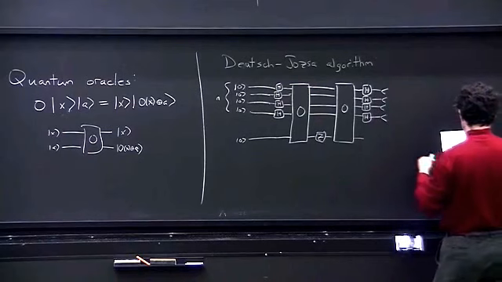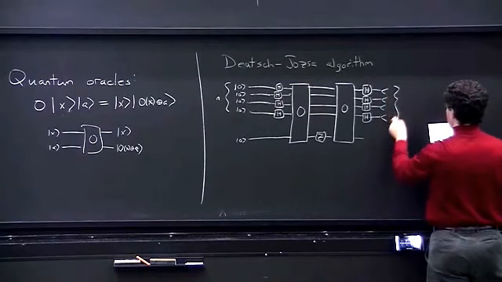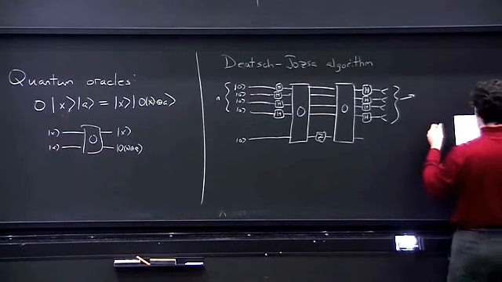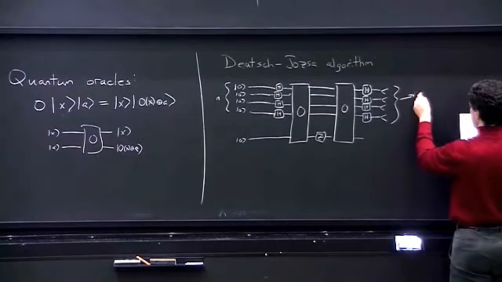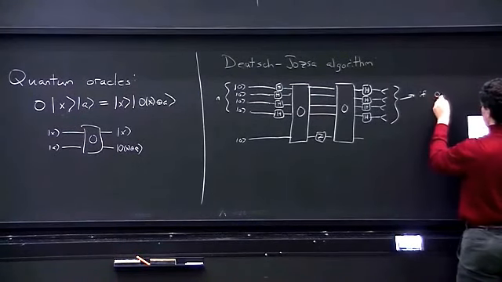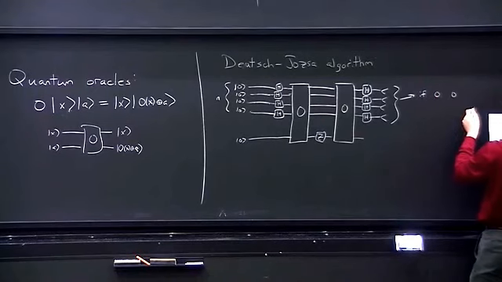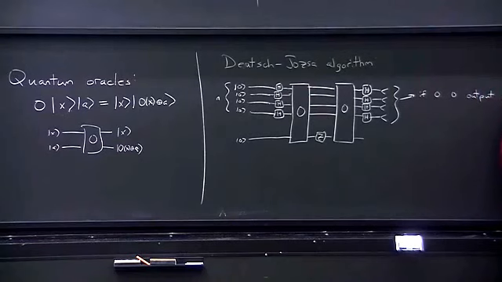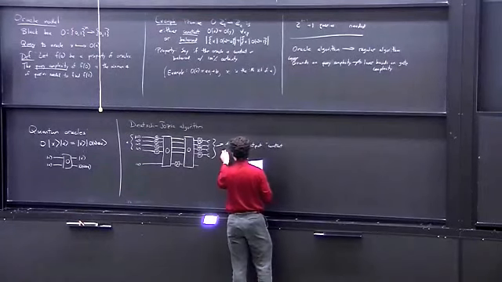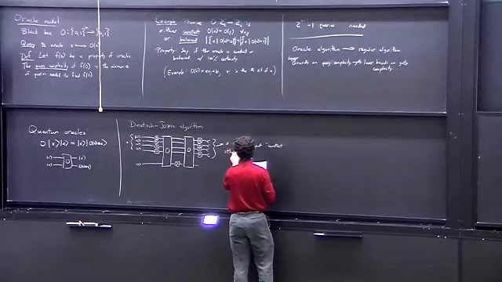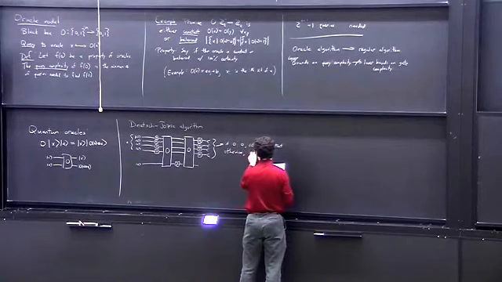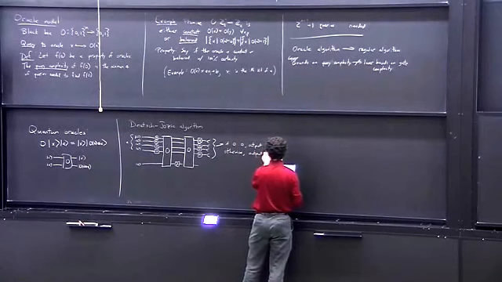So based on the measurement output, if the measurement output is all zeros, then we decide it's a constant function. And for any other measurement output, we say it's balanced.